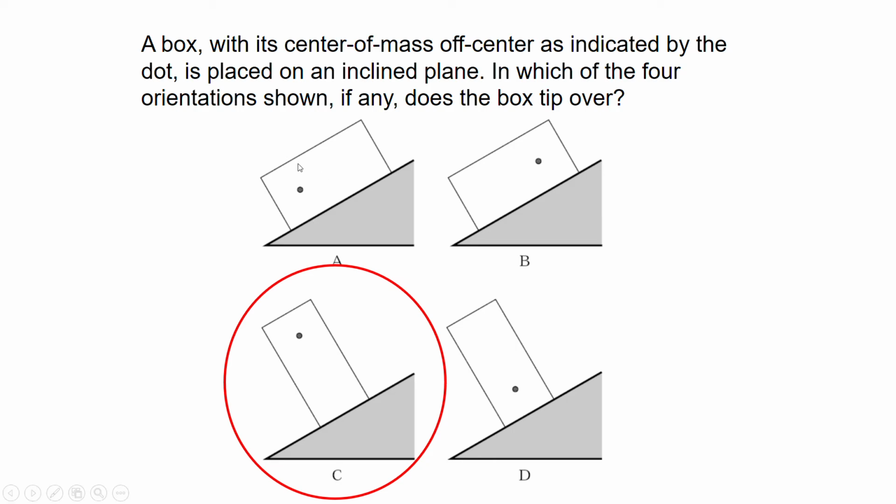So there's nothing that's going to cause it to start rotating in this direction, because the weight force is trying to get it to rotate clockwise, and the normal force from the plane is just going to keep increasing until it's exactly balanced.